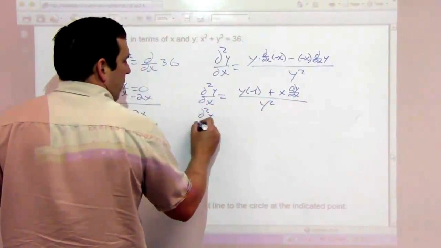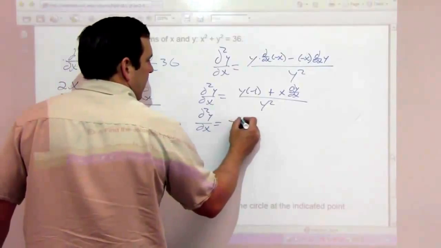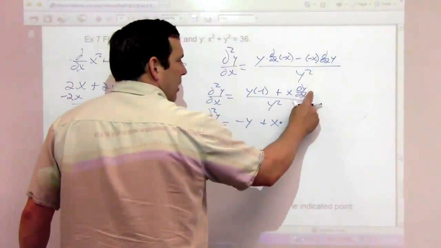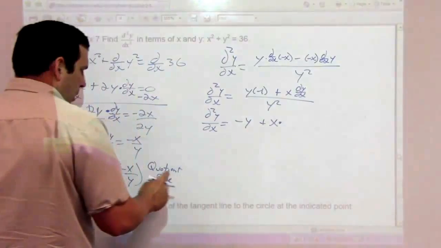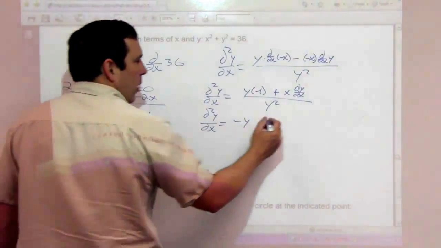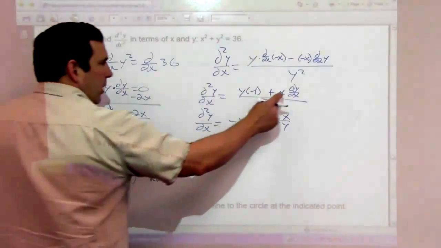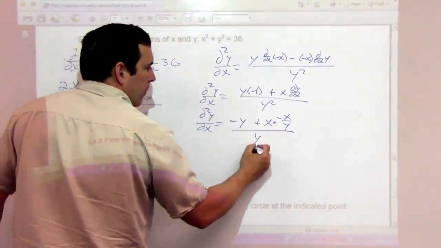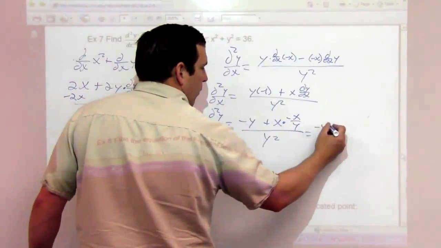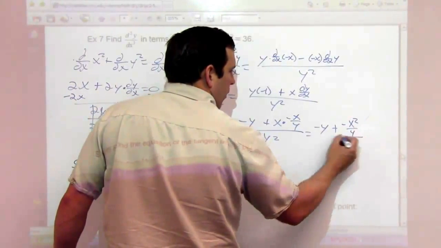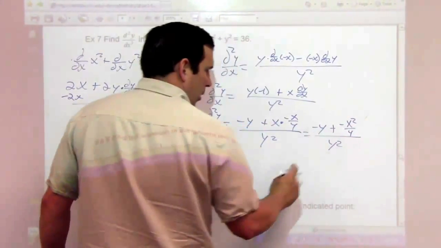So our second derivative of y with respect to x is going to be negative y plus x times, what was our dy dx? Our dy dx is negative x over y. So I'm substituting negative x over y in place of that. So negative y plus negative x squared over y squared.